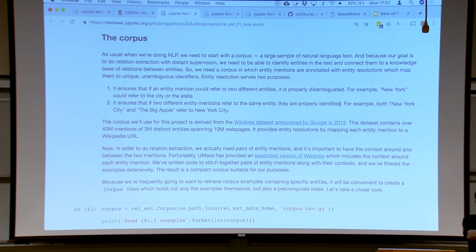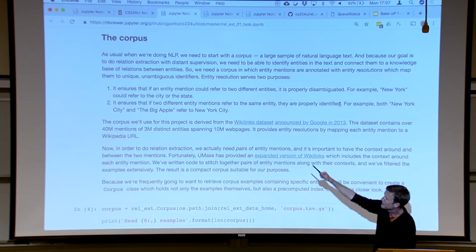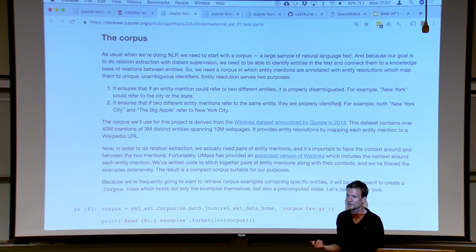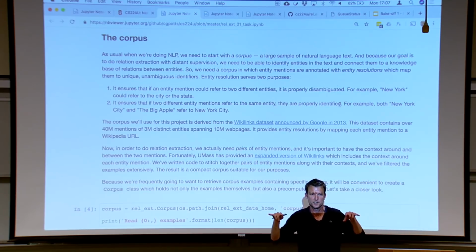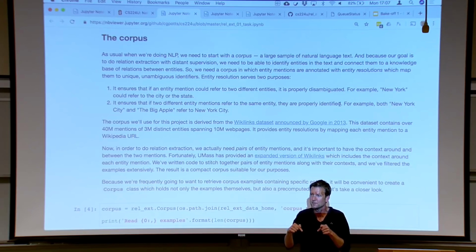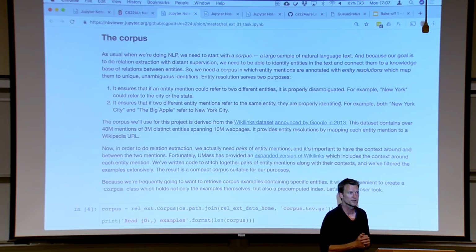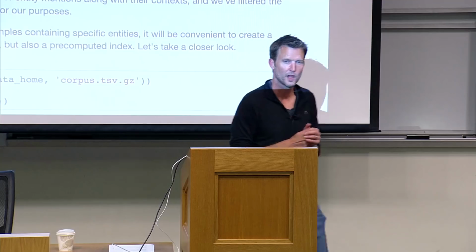New York City will have one identifier, New York State will have a different identifier, and hopefully something in the context around will tell me which one of those it should map to. So that's polysemy. The other problem that it helps to solve is synonymy, when you can have two different expressions that refer to the same entity. So New York City and the Big Apple both refer to New York City. Hopefully those two different expressions will both get mapped to the same unique identifier when we do entity resolution.